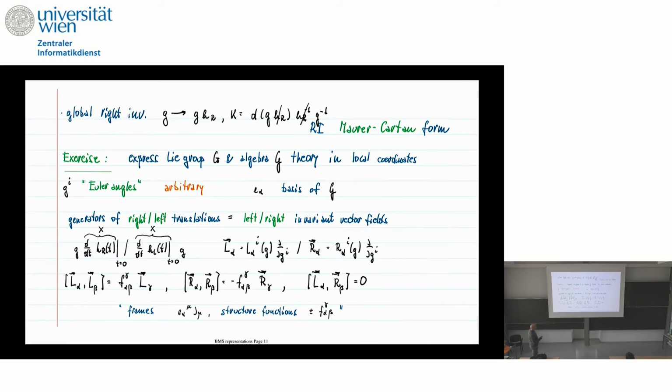So in this case you can do the exercise, and the good thing, which took me a bit of time to understand: suppose your group is SO(3), you choose Euler angles, or any parametrization that you want, exponential parametrization, any coordinates on the group will go. This is what I call g^i, and think of them as Euler angles, but any parametrization is good. So those are coordinates on the group, and you fix yourself a basis of the Lie algebra.